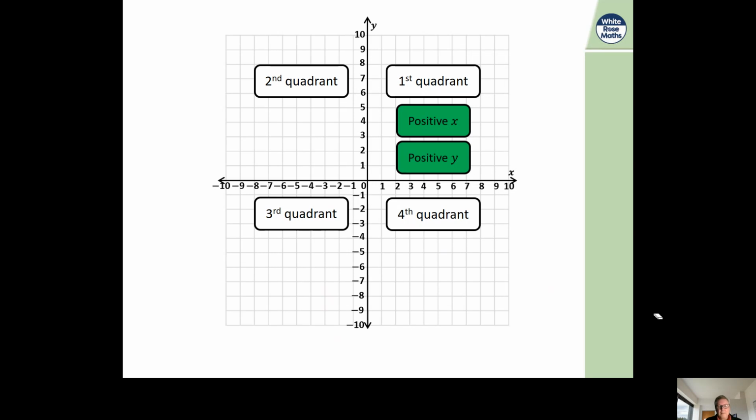Before moving on in the video, have a think in your own mind or by working in your study group. How would you label the other quadrants?